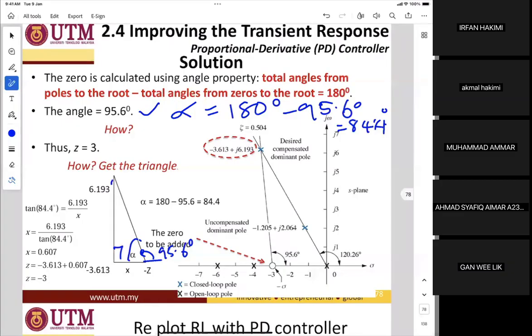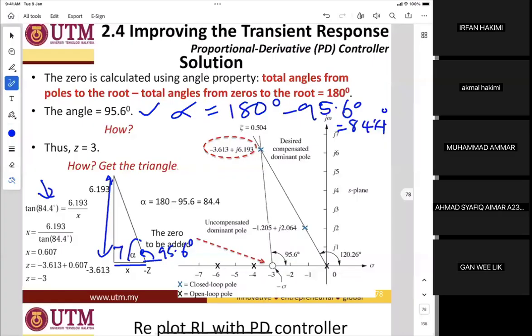The length of this is 6.193, and then x is unknown. The length between the zero and 3.613, so you use the tangent formula.